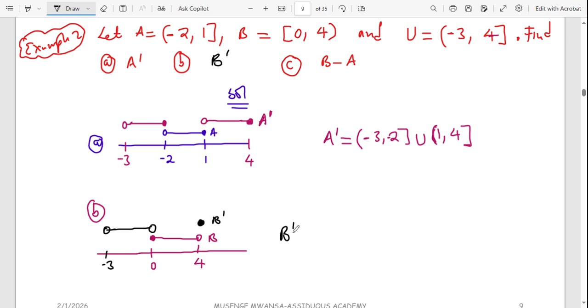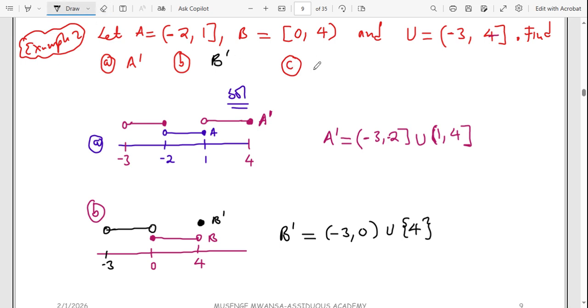Therefore, the set B complement is going to be from -3 up to 0 union 4. But 4 is an element. It's not a range. Use curly brackets because it's an element. If you don't do that, you get it wrong. Okay?